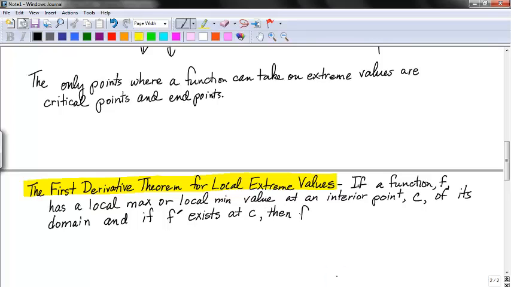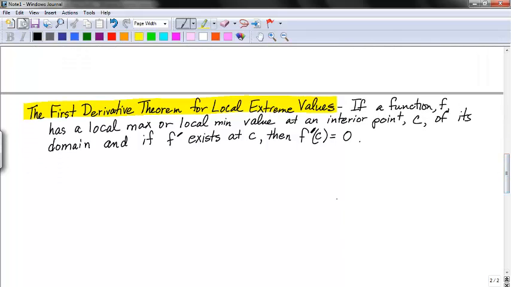Then f prime of c, if it exists and it's a max or a min, you already know this one, the derivative equals 0. If it didn't exist, then it would be a sharp corner or vertical tangent, or at infinity.